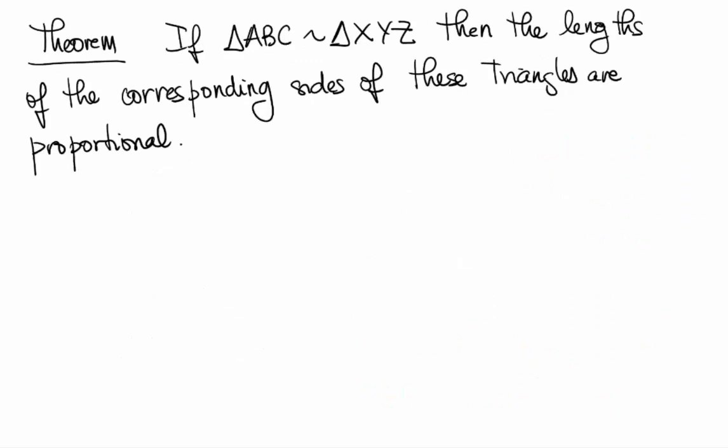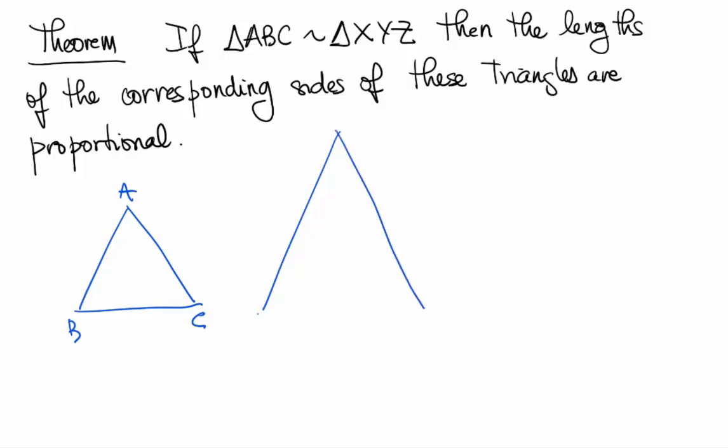Our next result states that if triangle ABC is similar to triangle XYZ, then the lengths of the corresponding sides of these triangles must be proportional. So as an illustration, let's consider two triangles here. So this is A, B, C, and I have triangle X, Y, Z, and we know that triangle ABC is similar to triangle XYZ.